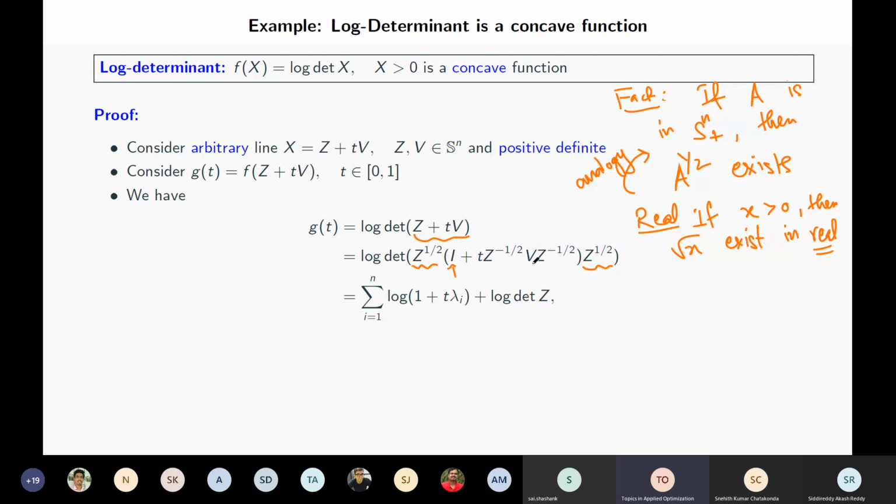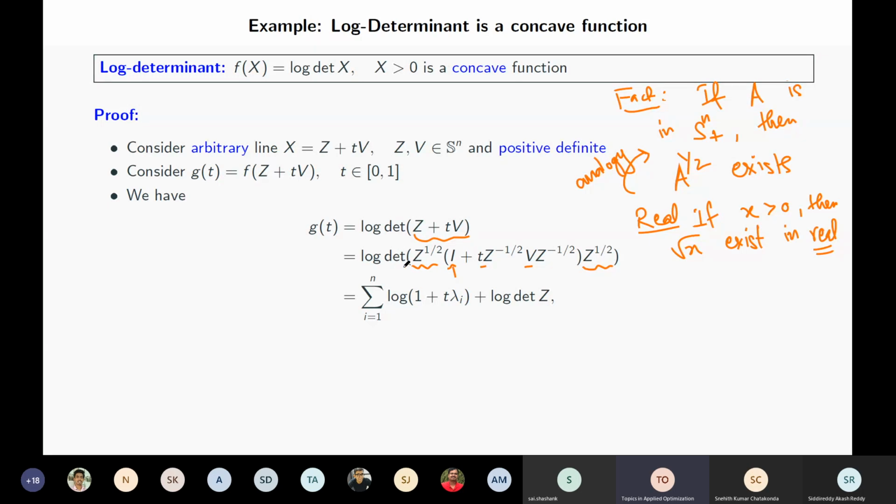And here if I multiply Z half and Z minus half, then I get back identity. And here if I multiply Z half and Z minus half, again I get back identity. So the remaining term that I get will be just TV. So this is correct. And the next thing we are trying to do is apply the determinant formula.